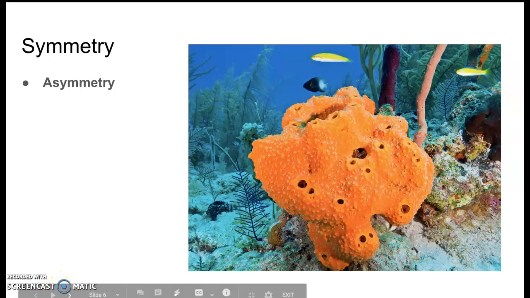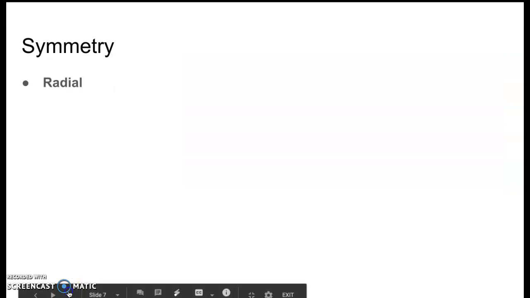So they're considered to have no symmetry, not symmetrical, and therefore it is asymmetrical. This is the most primitive type of organism that you would find.